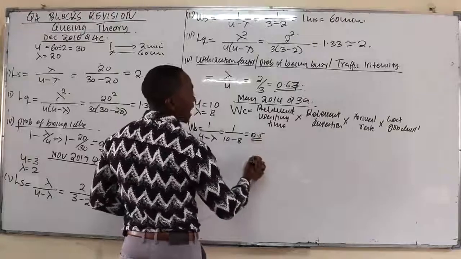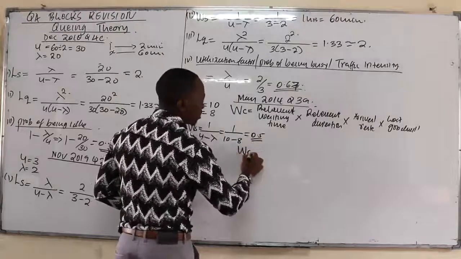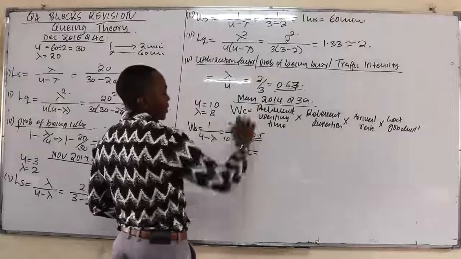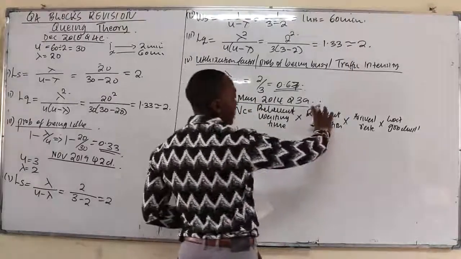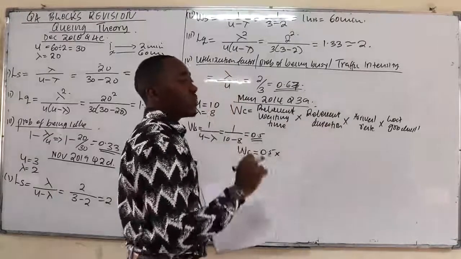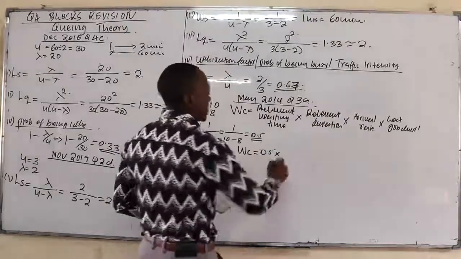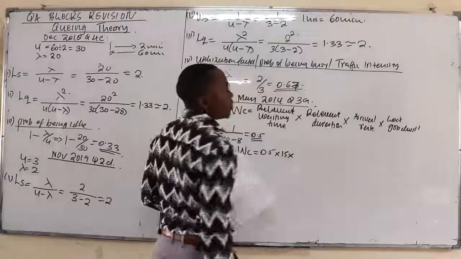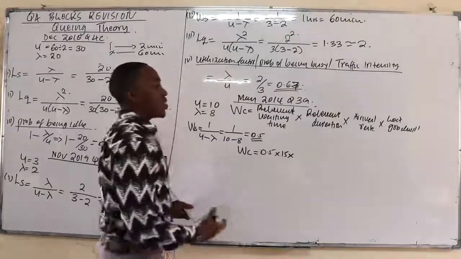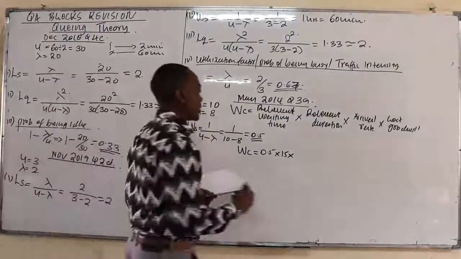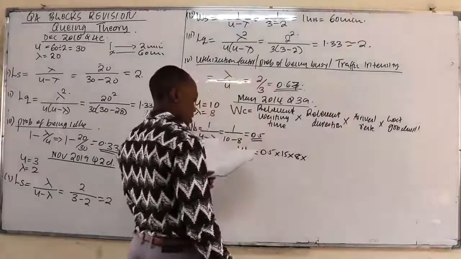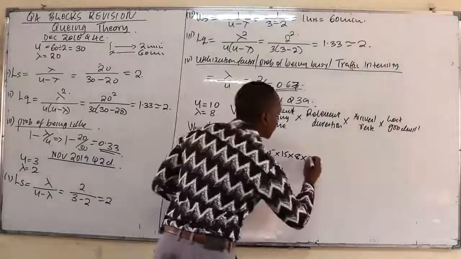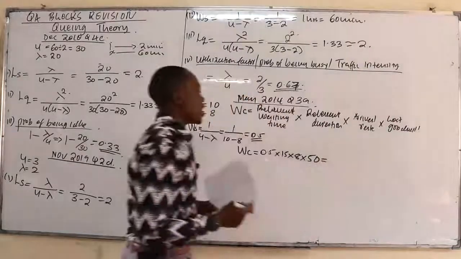So that means our waiting cost will be the relevant waiting time, which is 0.5, multiplied by the relevant duration, and you're told that the chemist is open for 15 hours per day. Then you multiply by the arrival rate, which was 8 per hour, and then each hour of lost goodwill costs 50.